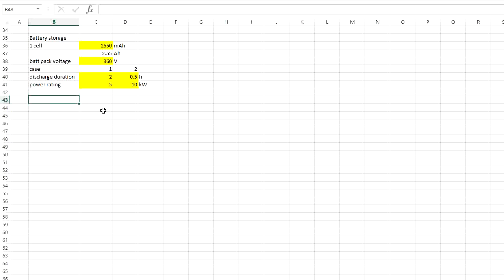So now what is the required energy in the battery? It's the discharge duration multiplied by the power, and we get kilowatt hours.